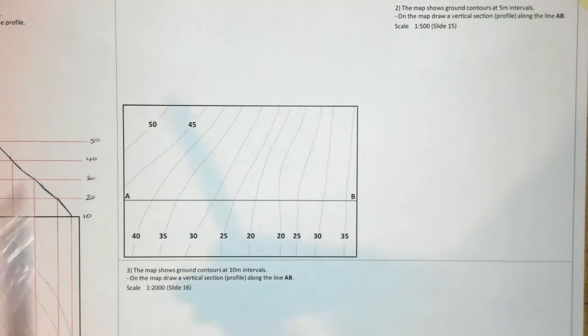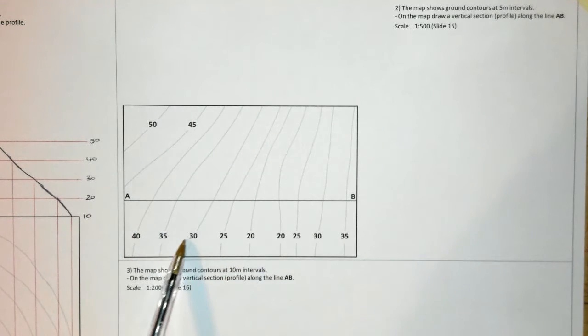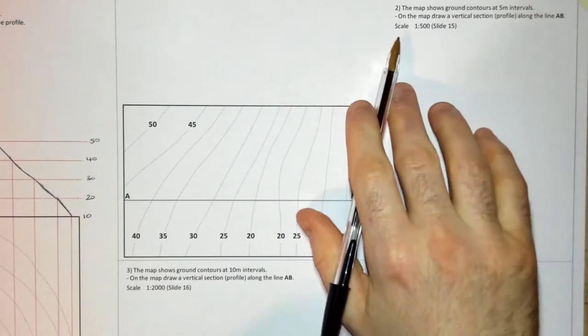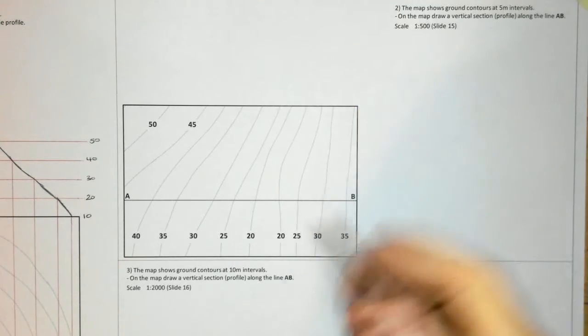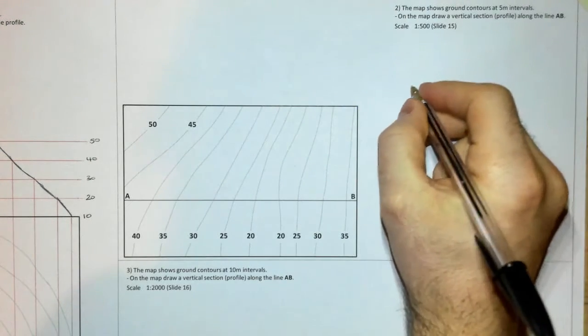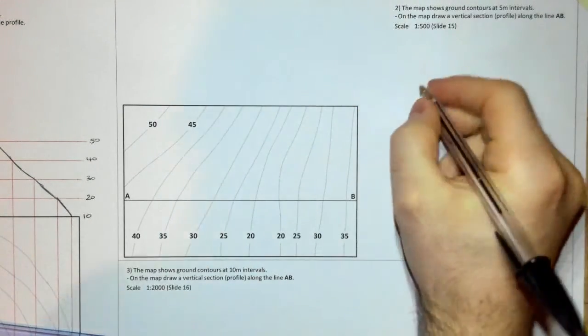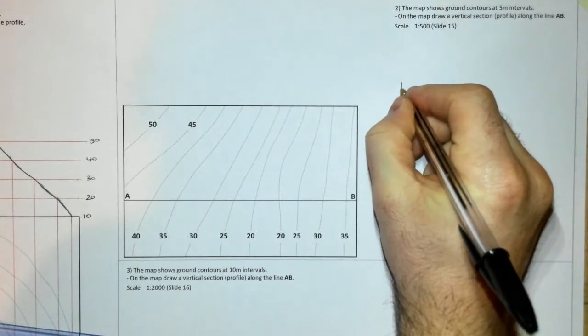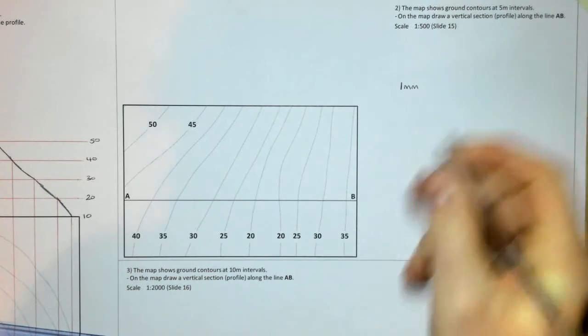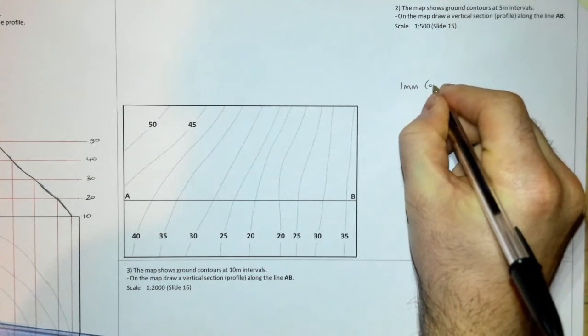So we can see here 50, 45, 40, 35, 30 down and so on. We're also going to use the scale that has been given to us. So just working that out, our scale here is 1:500. So in that case, guys, I'm going to put in here, 1 millimeter, and that's on page.